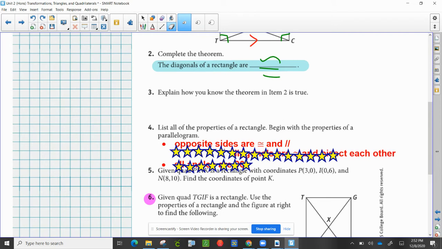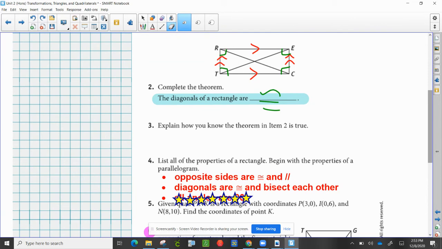We also know that their diagonals are congruent and they bisect each other. That was that theorem from the previous video also. So they bisect each other. That means these are all congruent. Okay. Another thing we know about rectangles is all their angles are 90 degrees. So all their vertex angles.